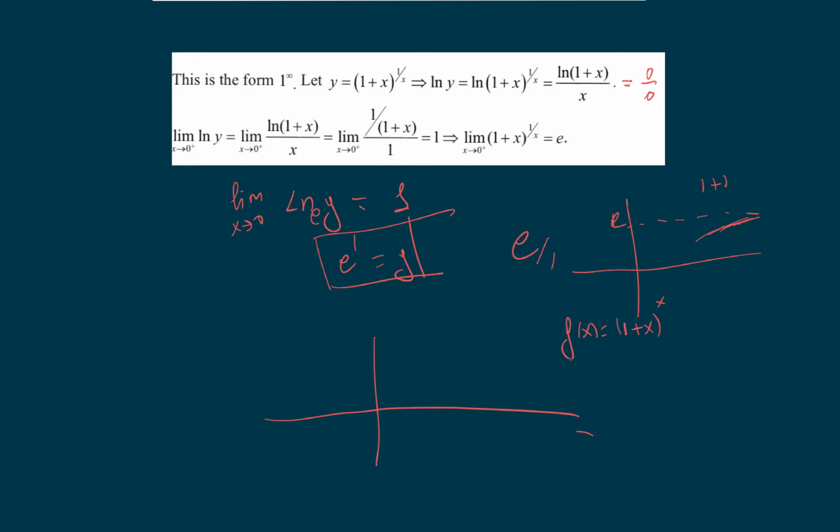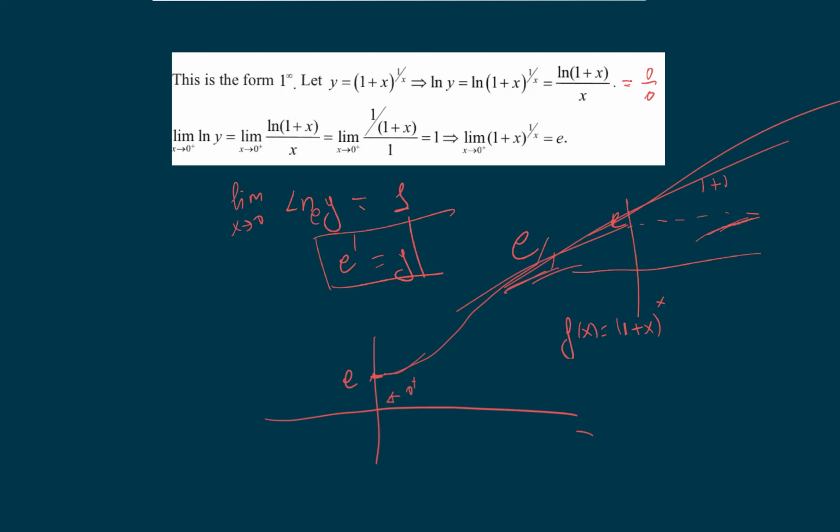When x goes to infinity, for sure this will go to 1, but when x goes to 0, the function will go to the number e. So it will do something like this. In the limit when x approaches 0 from the right, it will approach e. Take a graphic calculator and represent this function.